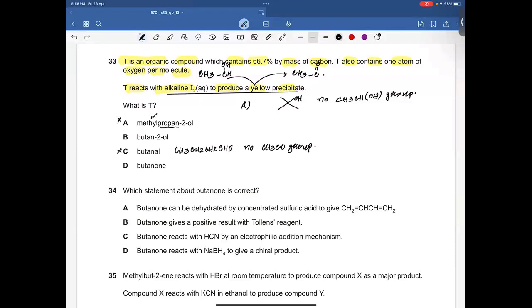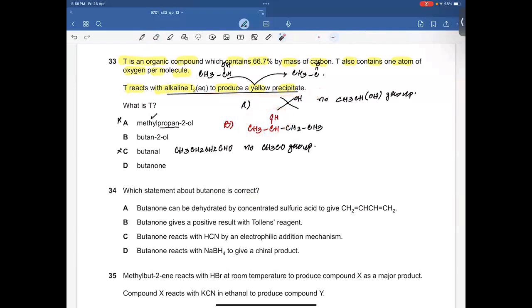Now the competition exists between B and D. Let's talk about B. This is CH3, this is CH, OH, CH2, and this is CH3. Now B has a CH3CHOH group, which means it can give you yellow precipitates of iodoform, right?